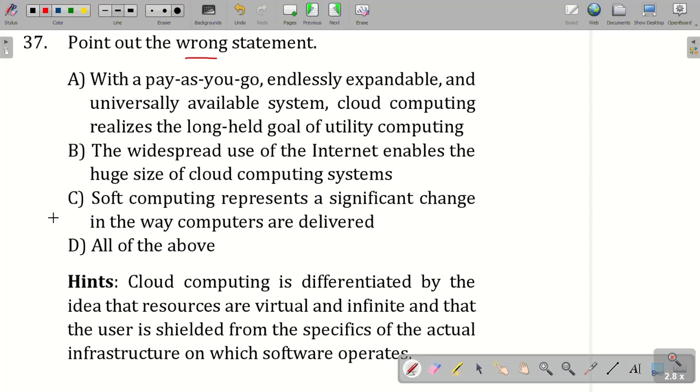So soft computing is something else. So the wrong statement is C. Correct answer C. Cloud computing is differentiated by the idea that resources are virtual and infinite and that the user is shielded from the specifics of the actual infrastructure on which software operates.